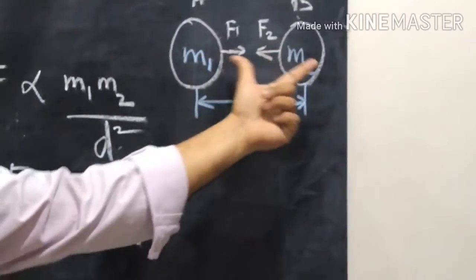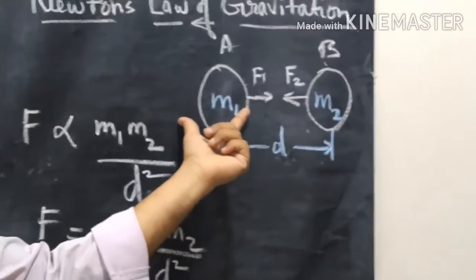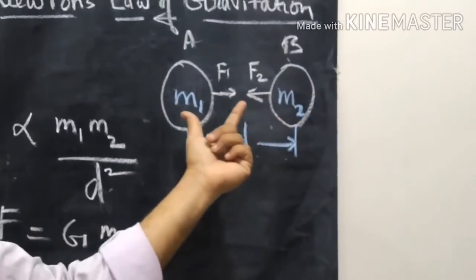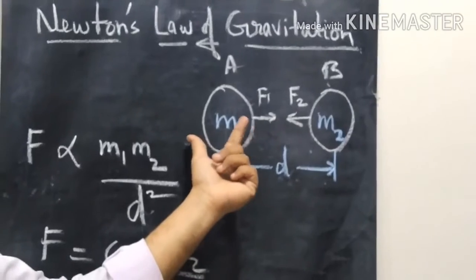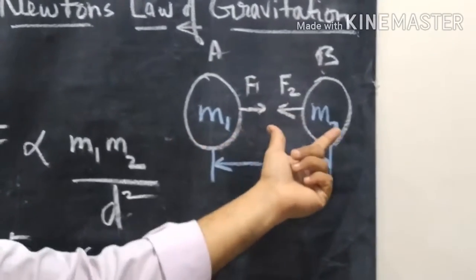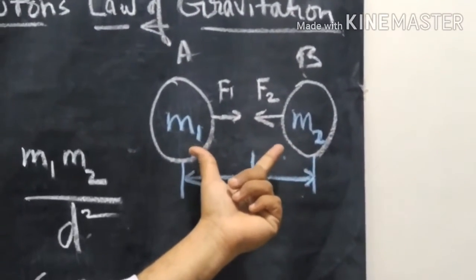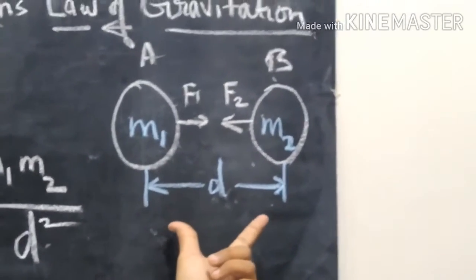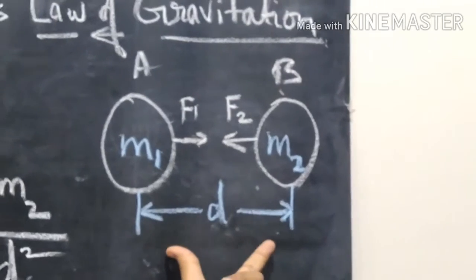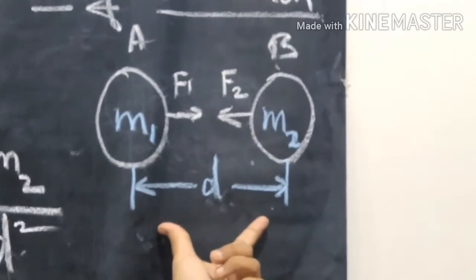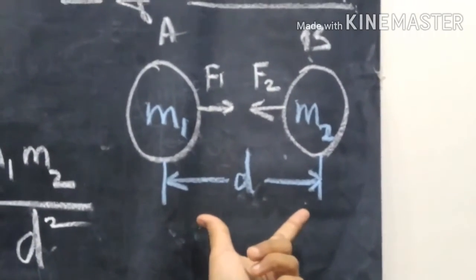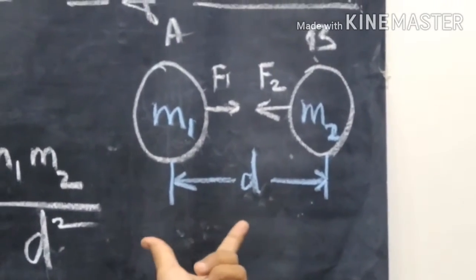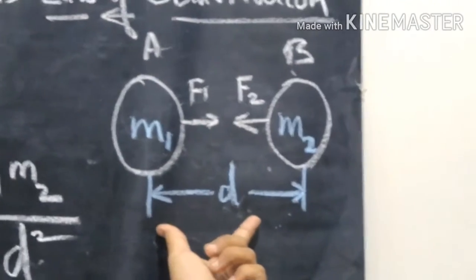If I make the distance between object A and B double, the force will decrease by a factor of 4.